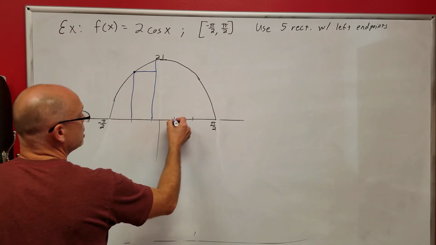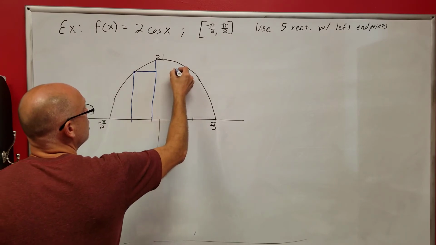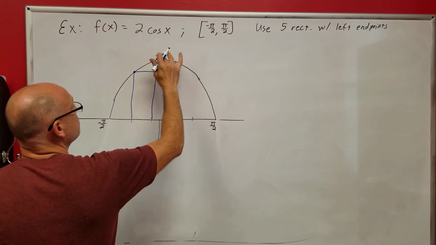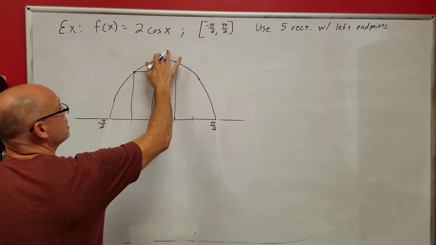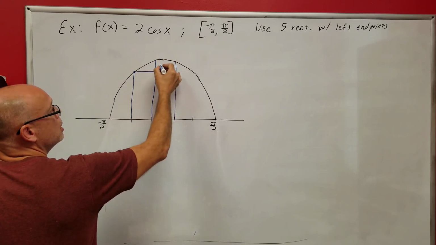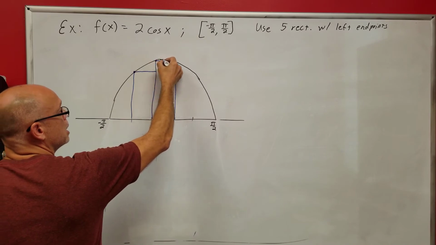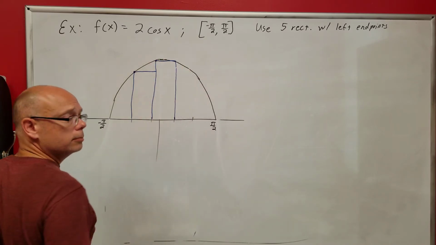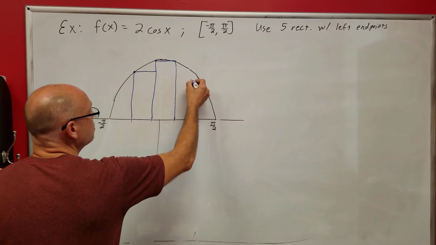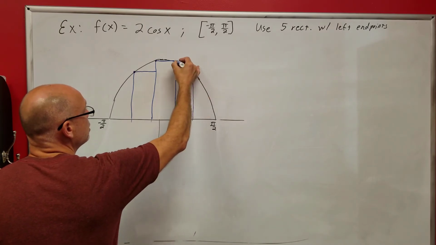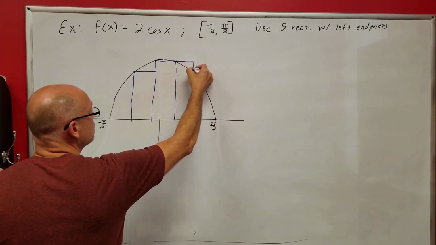So let's think about this rectangle then, okay? What is that going to look like? Let me erase the 2, get it out the way as well. Where it hits the curve on the left-hand side, and it goes right. What about this rectangle? Where it hits the curve on the left, and it goes right.